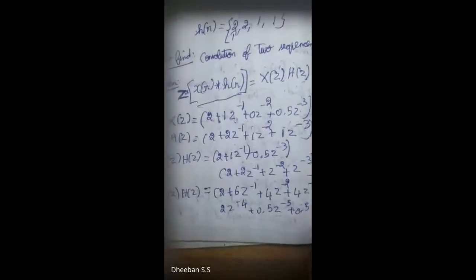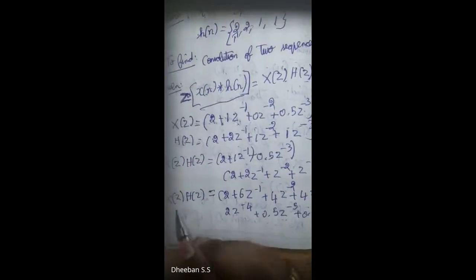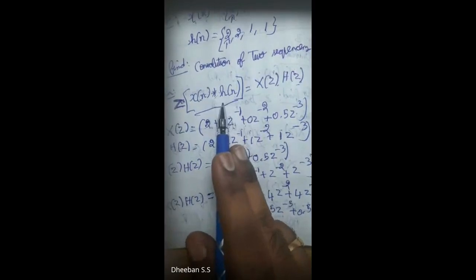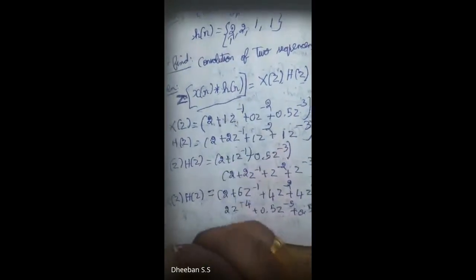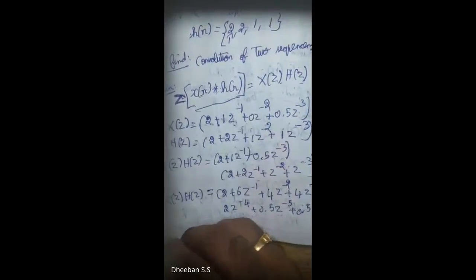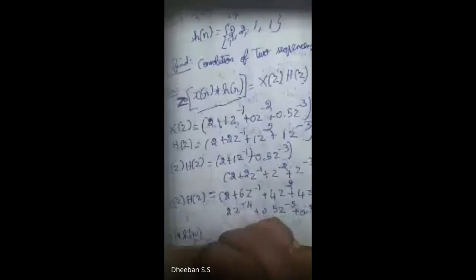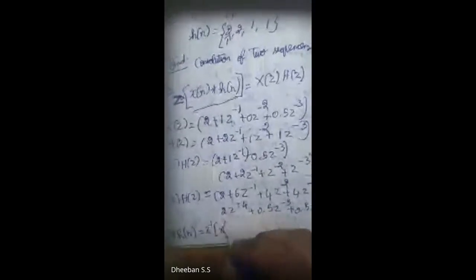This is the z transformed value. For x of n convolved with h of n, you have to take the z inverse. So x of n convolved with h of n will be equal to the z inverse of X of z into H of z.